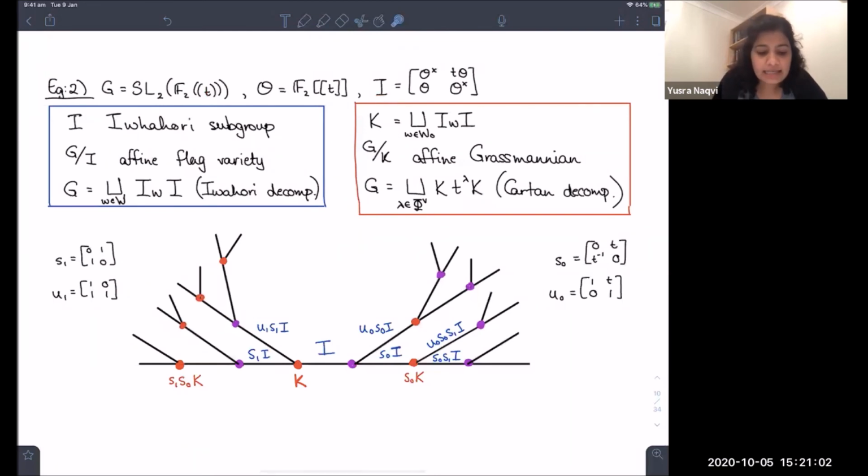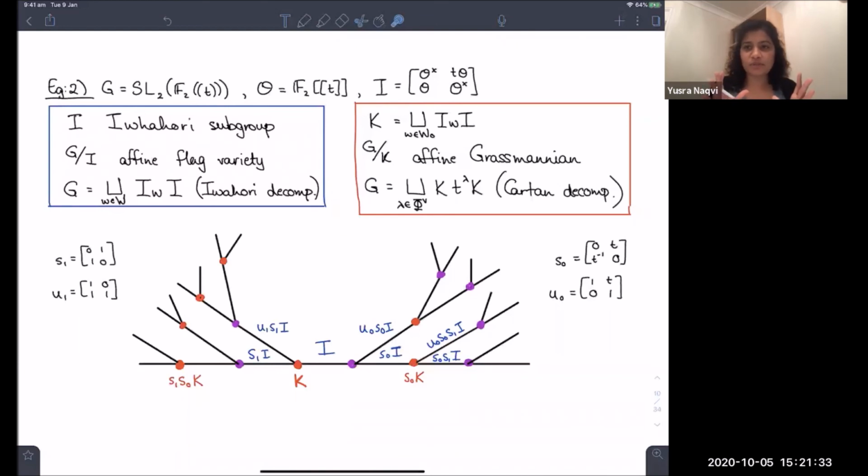And then I is an Iwahori subgroup. And you can generalize this in a variety of ways. But for me, it really refers to this kind of matrix. This is basically looking at my lower triangular matrices and then taking the pre-image of those in O, the valuation ring, under the map t goes to t equals 0. So if I set this equal to 0, I'd be looking at lower triangular matrices is really the idea here.